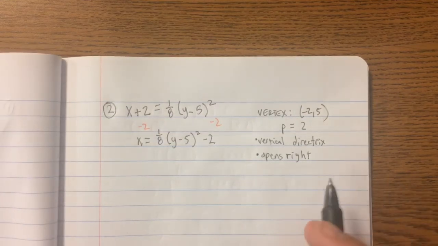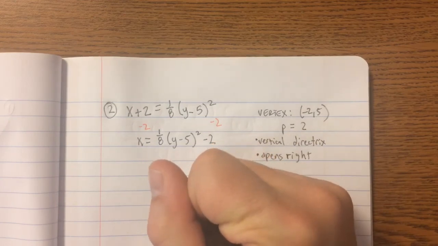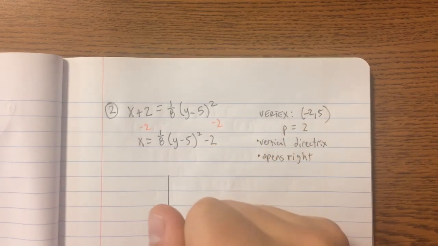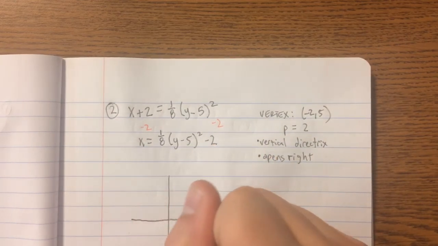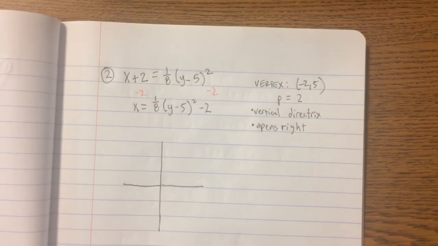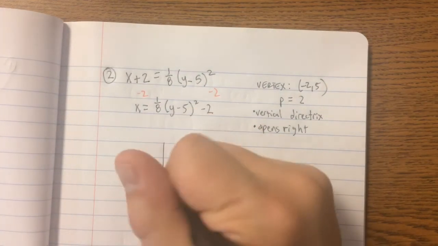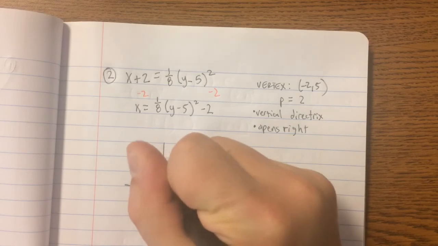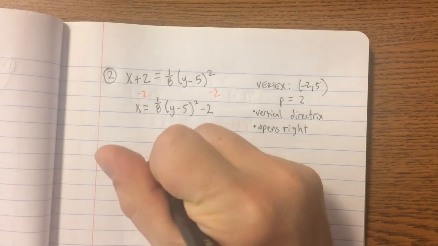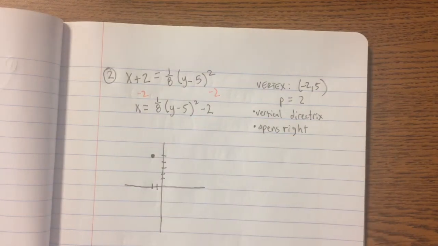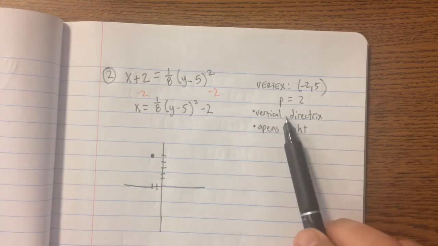So now I'm ready to start sketching. I've got my vertex at -2, 5. 1, 2, 1, 2, 3, 4, 5. I know it opens to the right, so that means my focus is to the right, my directrix is to the left. So the directrix is vertical.